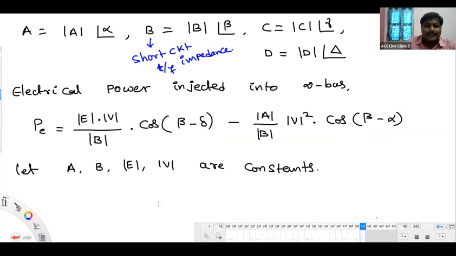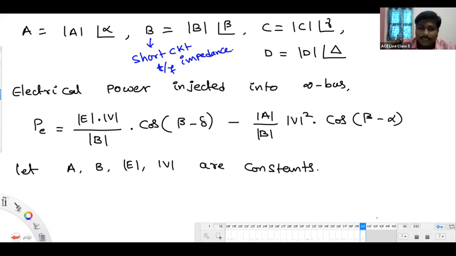After making all these things constants, which is the variable? Delta. Yes or no? Only one variable here, obviously delta. That's what we have done earlier also. We have drawn power variation with respect to delta, the power angle curve. Here also, we are going to think about the power variation with respect to delta.